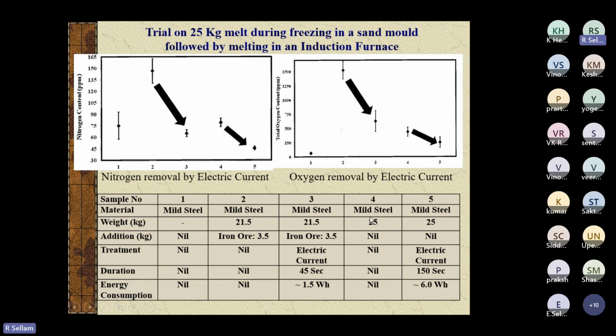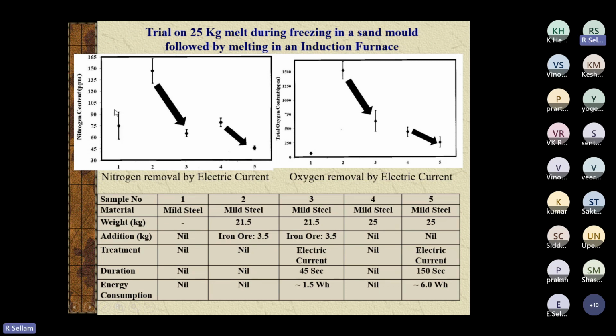Then mild steel with electric current treatment without adding iron ore was treated for 150 seconds, consuming 6 watt-hour of energy.